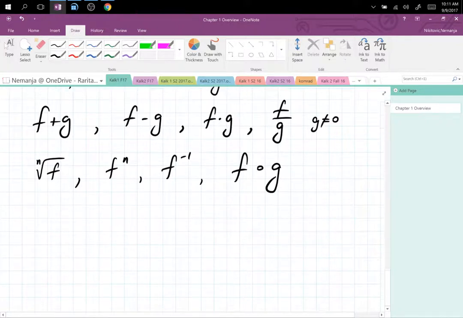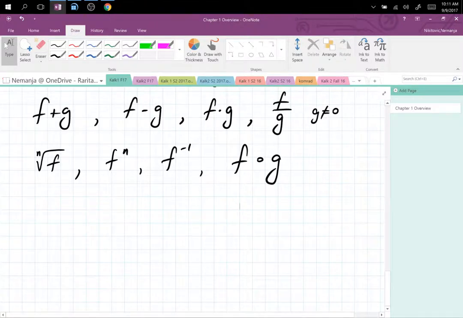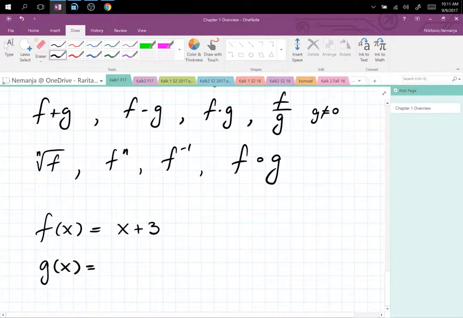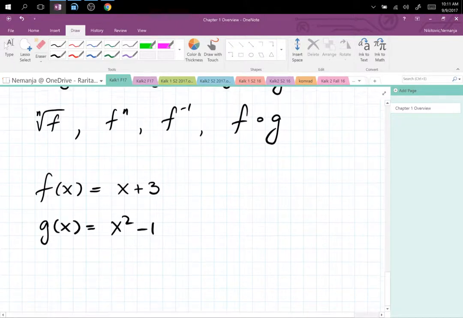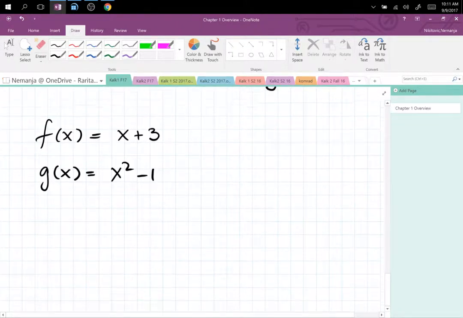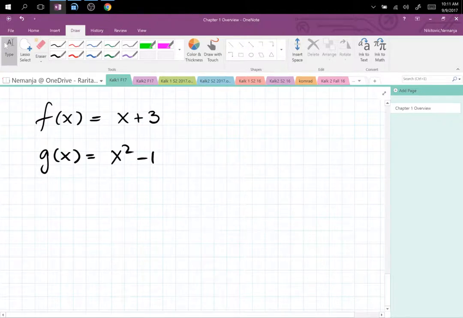Now I want to demonstrate something really cool. Say that f of x is not learned in pre-calc. I don't know why. Say that f of x is a simple x plus 3, and g of x is x squared minus 1. Let's talk about two worlds that we can have.